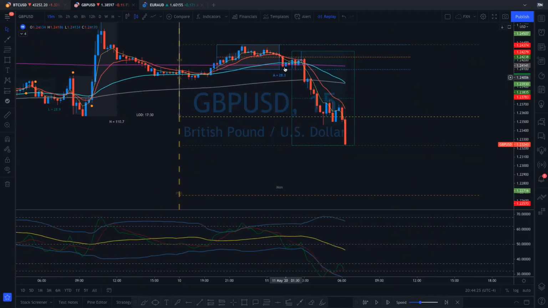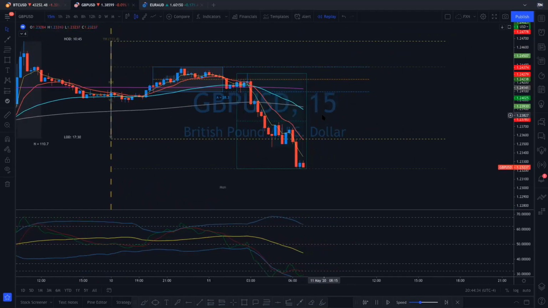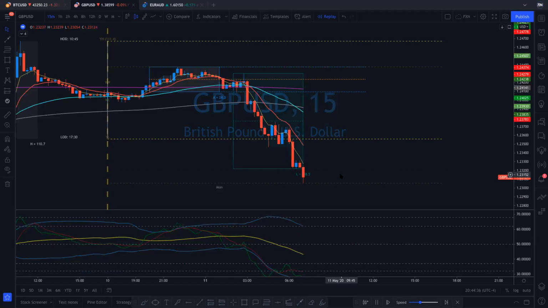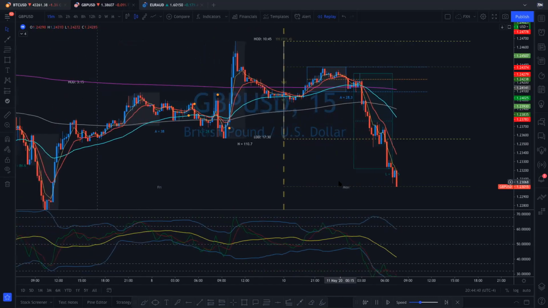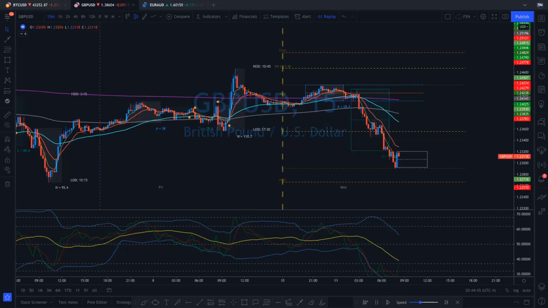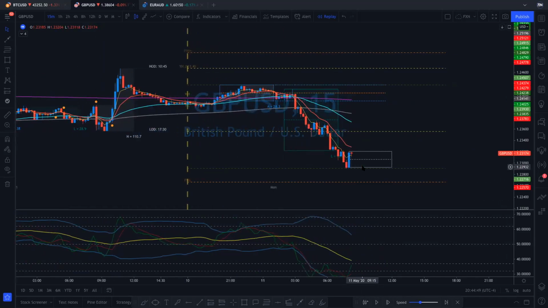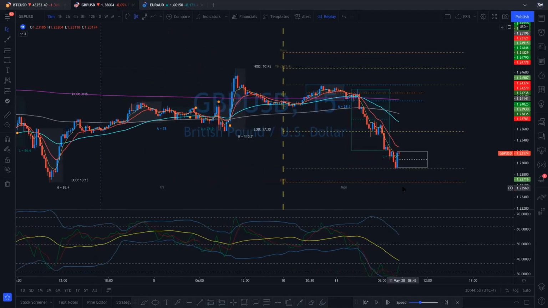But having a move like this, if you get a pullback early enough, then you can get a continuation trade. But if you don't, then during the U.S. session, you're only looking at one option, which is basically a reversal. You know what I mean? Yeah. So that would be the only real option that you would have here, a reversal.